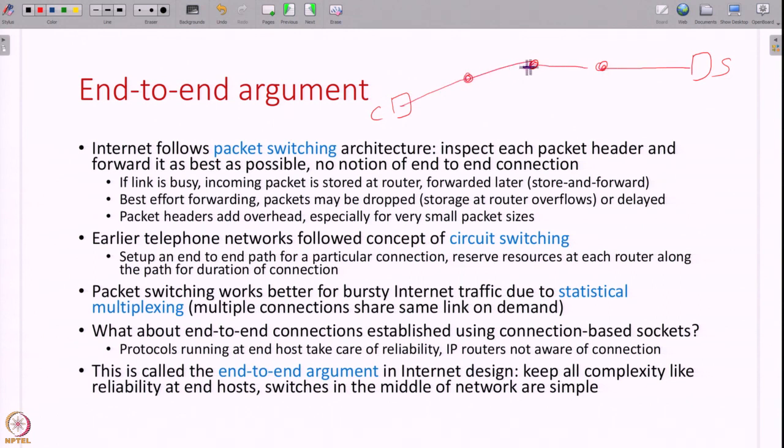Each of these routers does not really know that you are talking to this server. They are not dedicated to just forwarding your traffic. They forward traffic from many hosts to many other hosts.